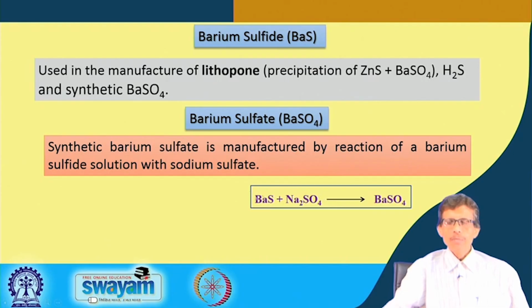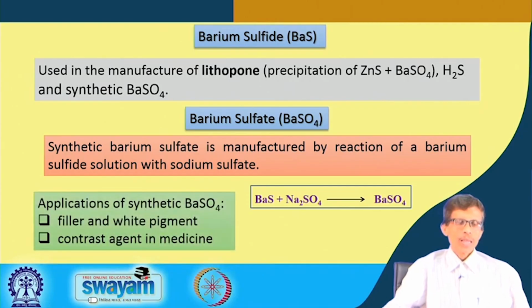Our ultimate goal is making barium sulphate, but at the same time you will also be producing sodium sulphide. And this barium sulphate, what we prepare, is used as a filler, as a white pigment. Just now I told you that lithophone is a well known white pigment. We use it for painting purposes also.